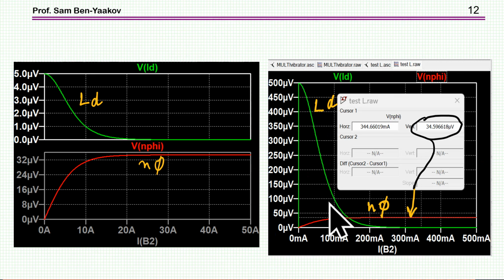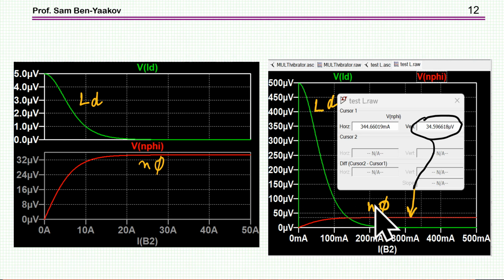So now let's compare the two. This is with the gap, and this is without the gap. Now here we have 500, should be microhenry inductance. Now since the gap now reduces the permeability by a factor of 100, now the inductance is 5 microhenry, which is okay.